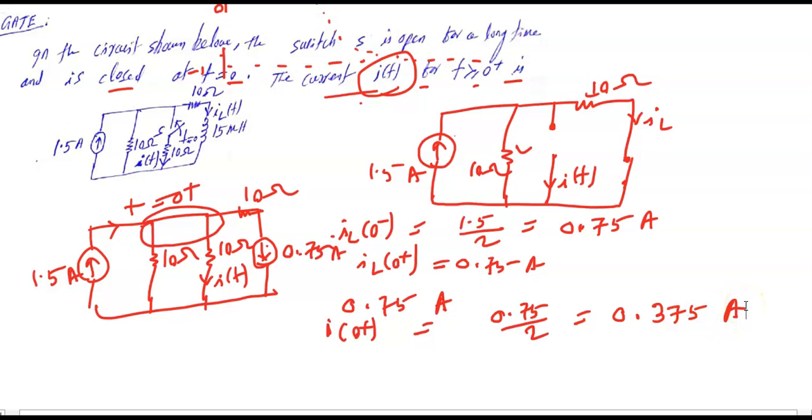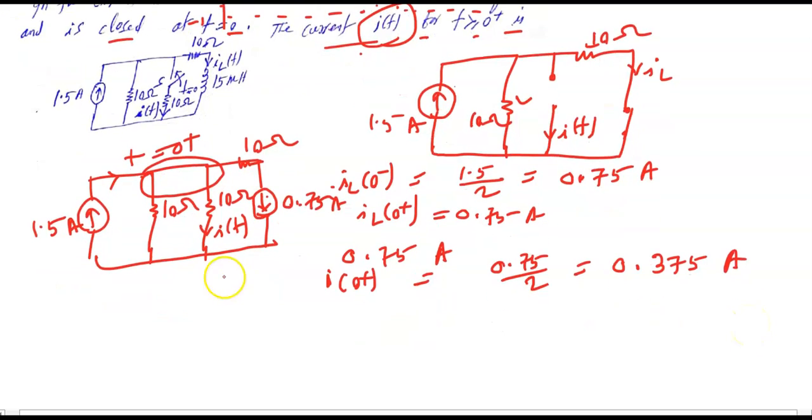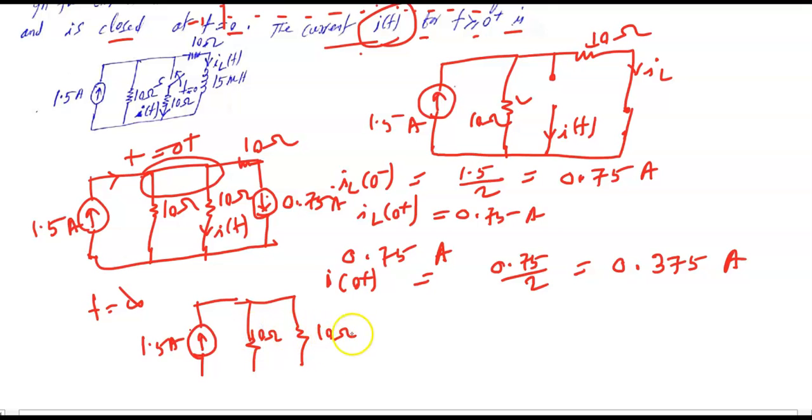Okay, now we'll take the conditions for t equal to infinity. When t is infinity, the inductor as usual would act as a short, 10 ohm, 10 ohm, here also 10 ohm. At t equal to 0 plus it was a current source, but now it is an inductor, so it will act as short.